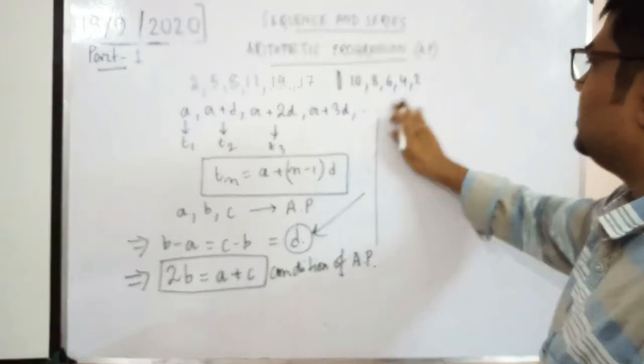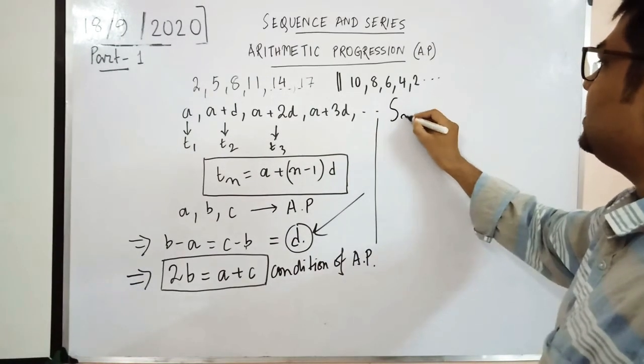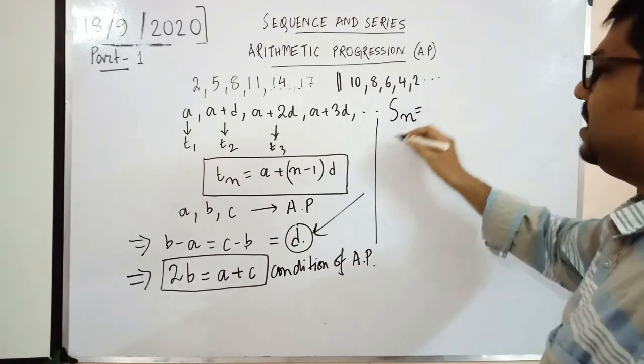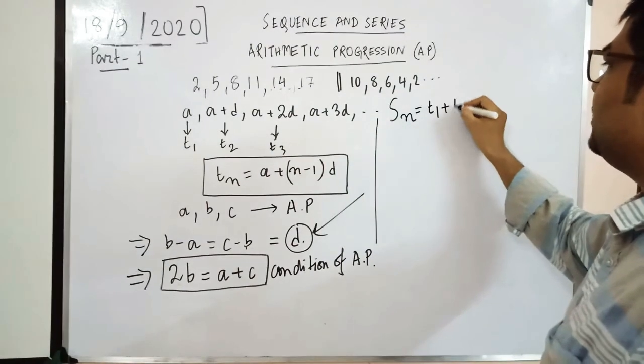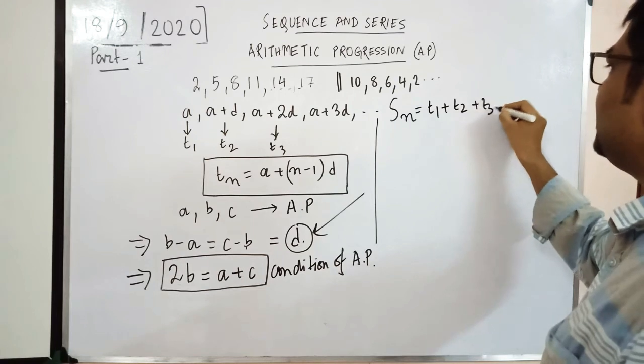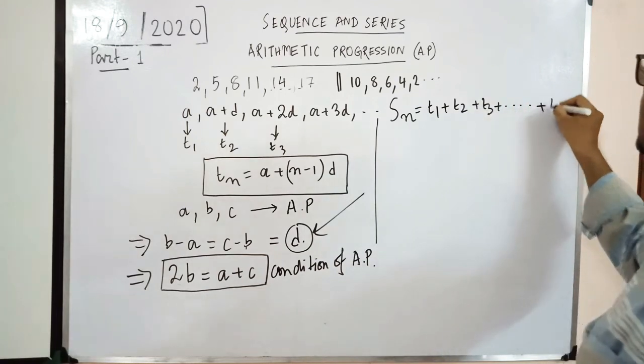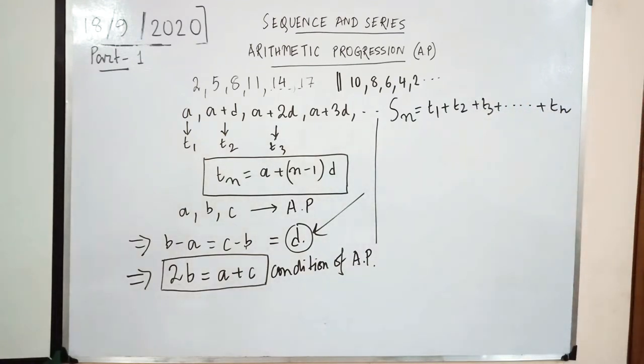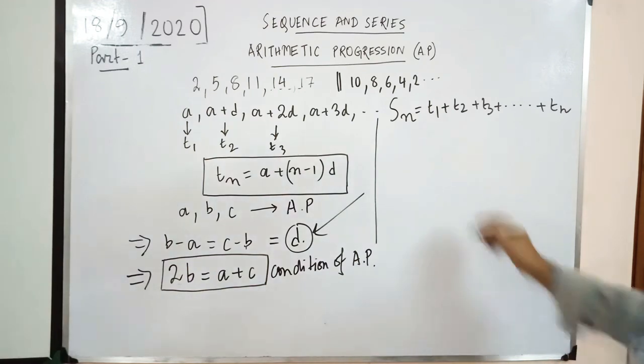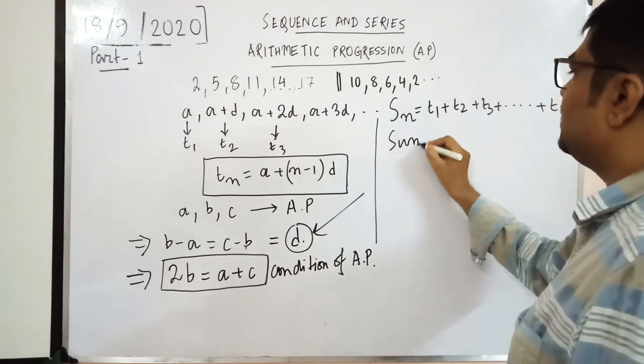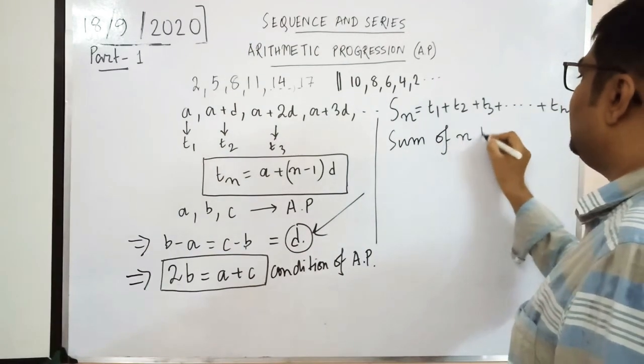Next we will try to find the summation of the series. The summation of the series is written as Sn. Sn is T1 plus T2 plus T3 plus dot dot dot plus Tn. So this is the sum of n terms.